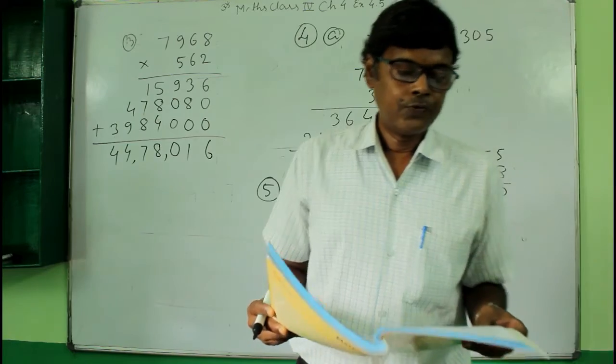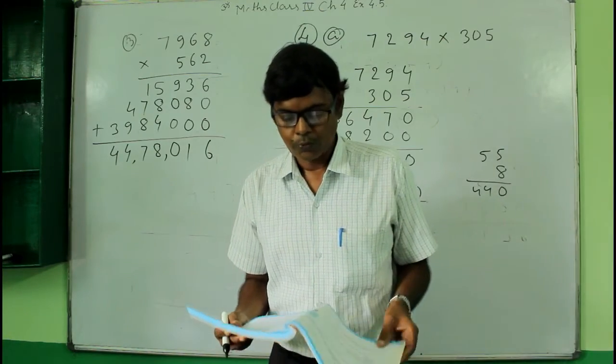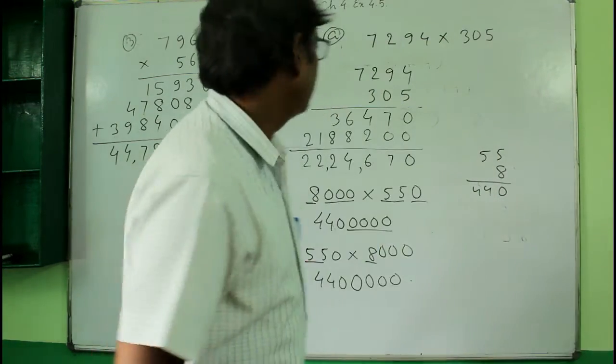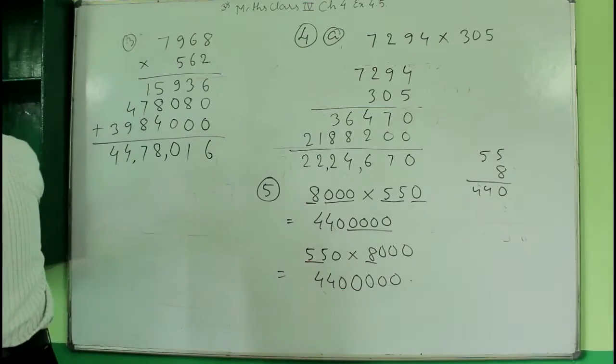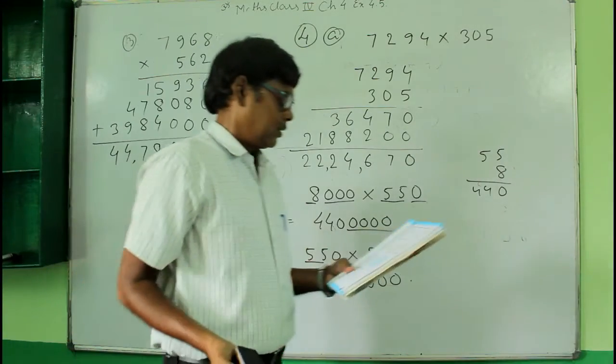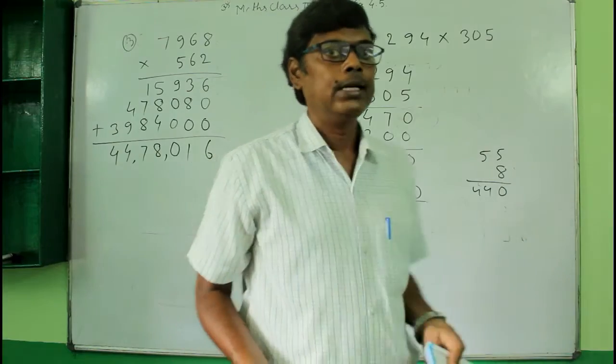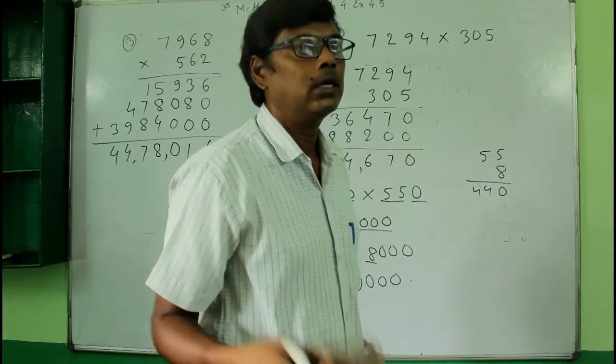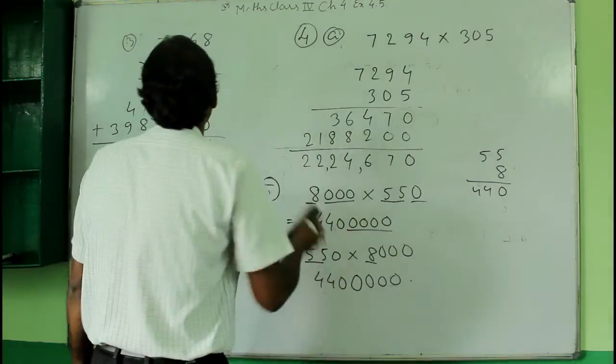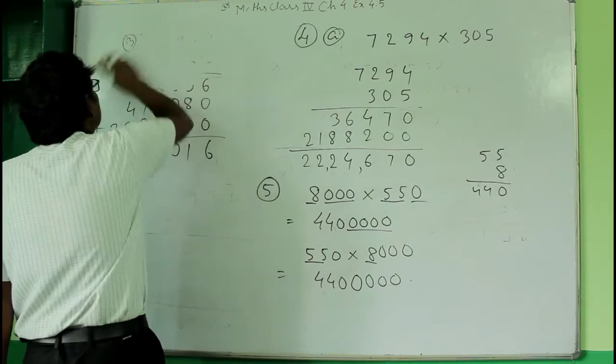So this exercise is finished. Now exercise 4.6. Okay. So in this exercise we have to multiply by using the lattice multiplication. Okay, lattice multiplication is a method of multiplication. I will explain to you what the lattice multiplication is.